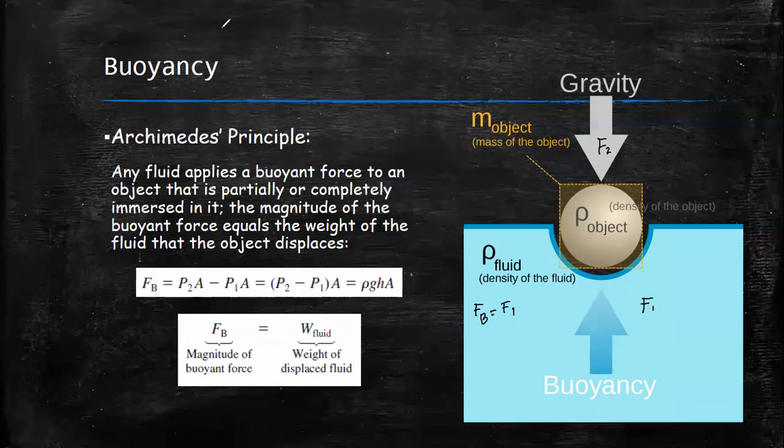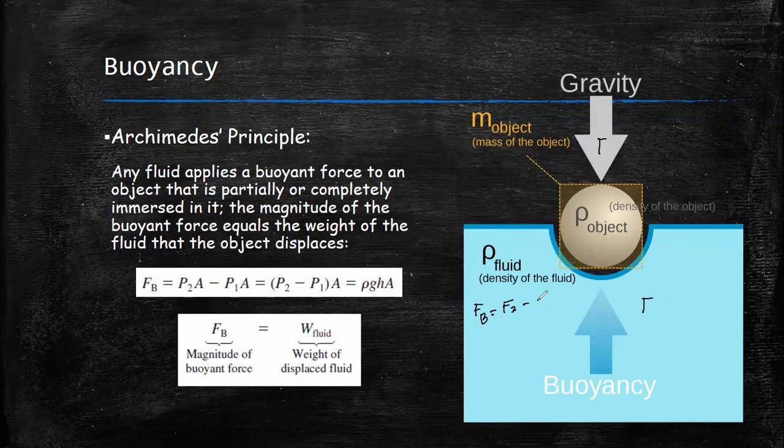Okay, so let's change our subscript. Instead of 1, let's say 2. So this is F2 and F1, which arrives at our equation here.